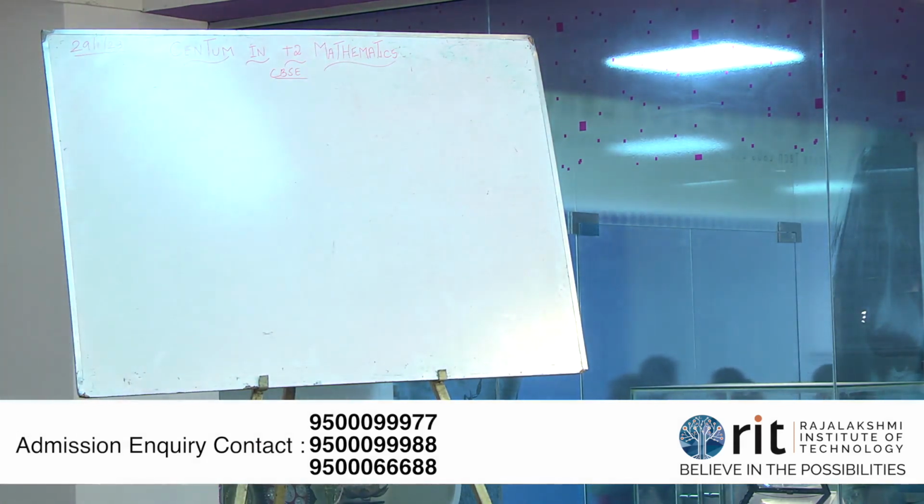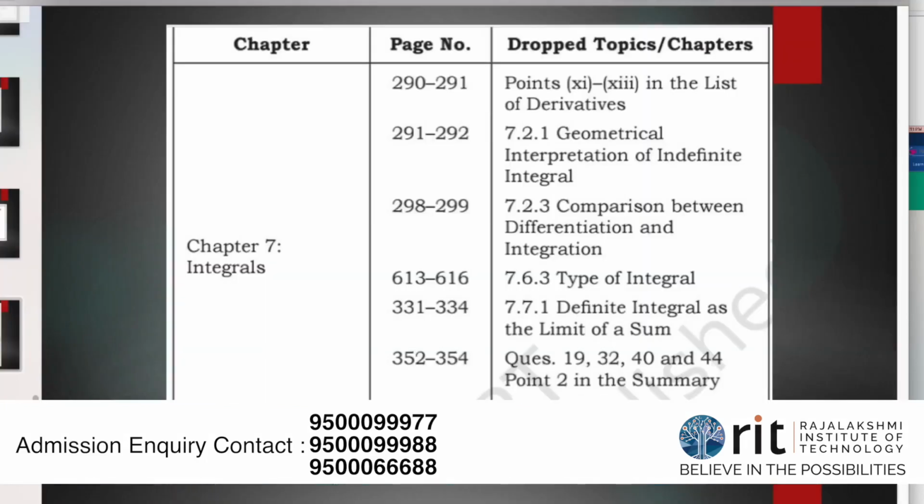So moving to integration, page number 290, 291 will not come. 291, 292, geometrical interpretation of indefinite integration 7.2.1. 298, 299, 7.2.3, comparison between differentiation and integration. 313 to 316, 7.6.3, type of integral. 7.7 exercise, definite integration as a sum, 7.9, exercise 7.9.